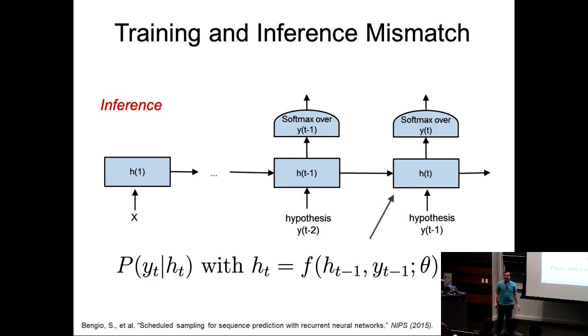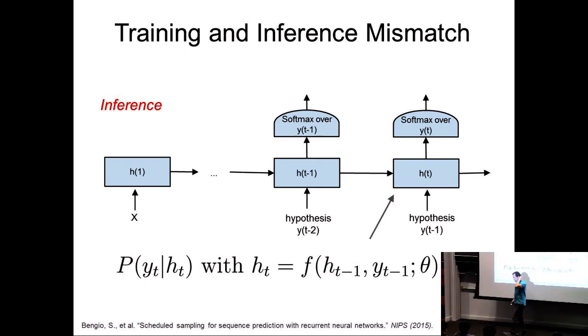But now at inference time, or at test time, what is it that you do? If I ask you to generate a sentence, you don't know what the ground truth is. I give you an English sentence, you don't have the French translation. So what do you do? Well, you predict the first word. And given your prediction of the first word, you put it as an input to the decoder, and then you try to predict the next word, and so forth.